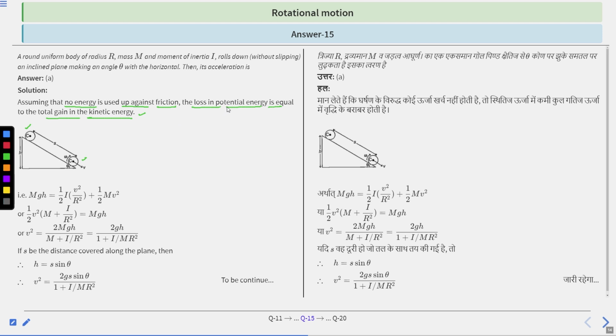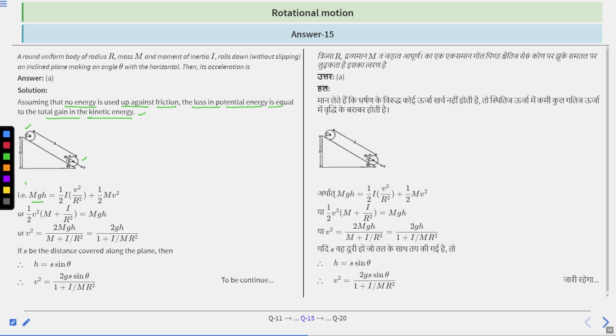So putting the numerical values in this statement, mgh is the potential energy, equal to half I times v square divided by r square plus half mv square. This is the kinetic energy.